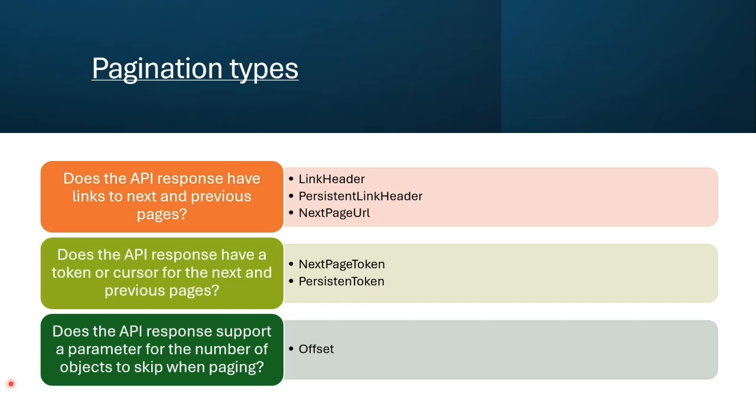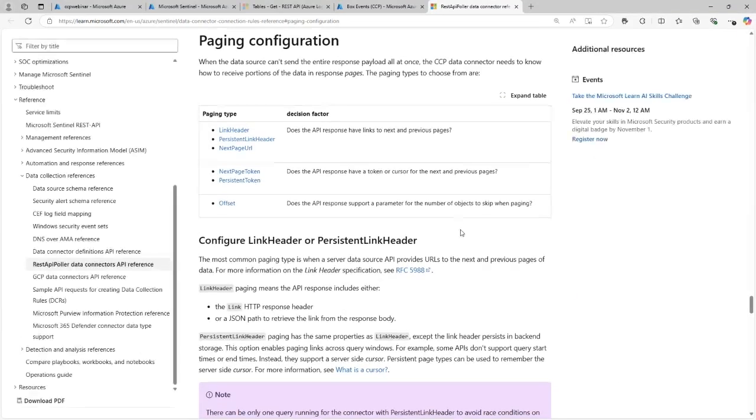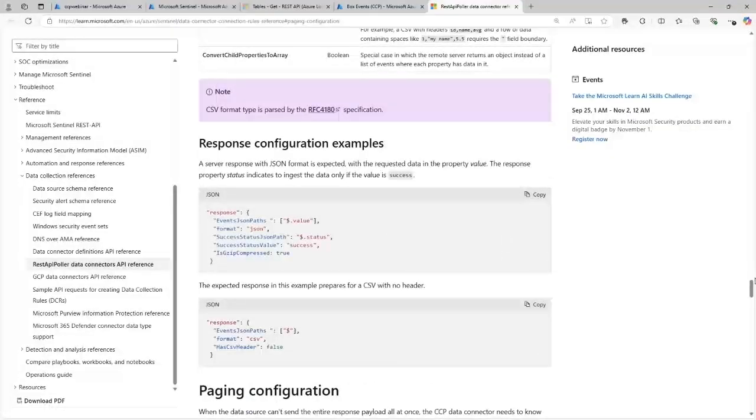Let's go for a second to show you the documentation where you can see the different pagination types. Let me open that really quick. Here you can see this is the article where you will see the different options. Again, this is for pagination. You'll see another section also for authentication.